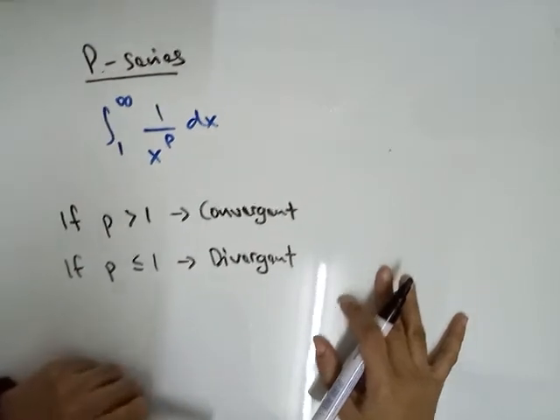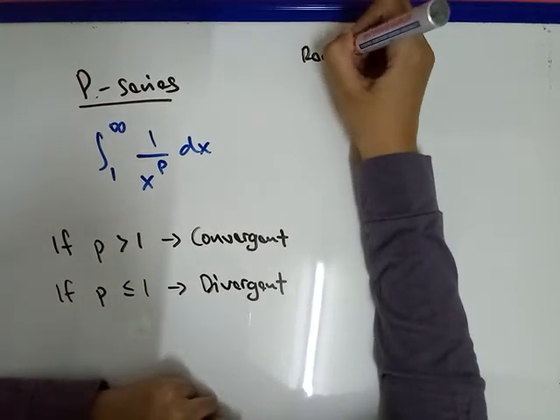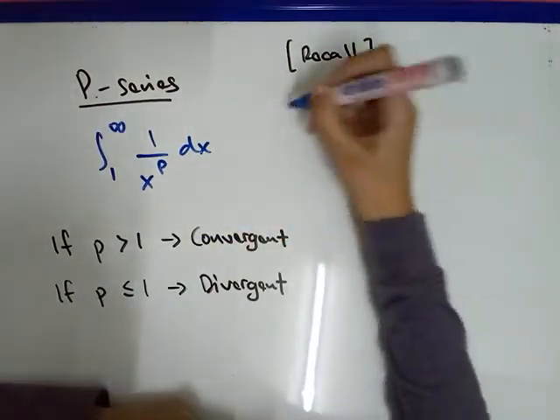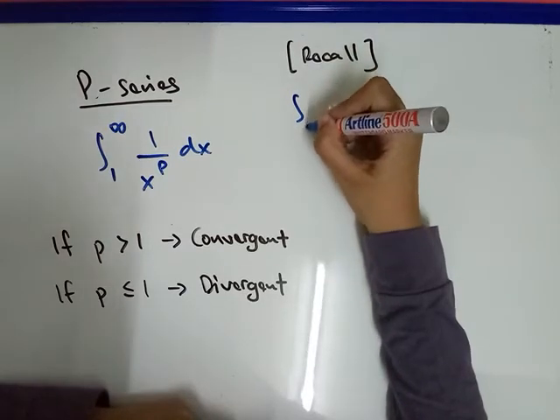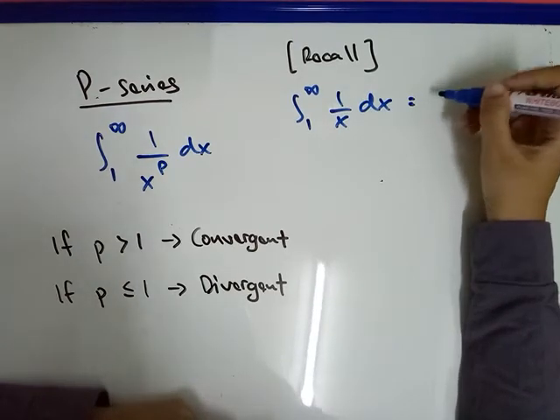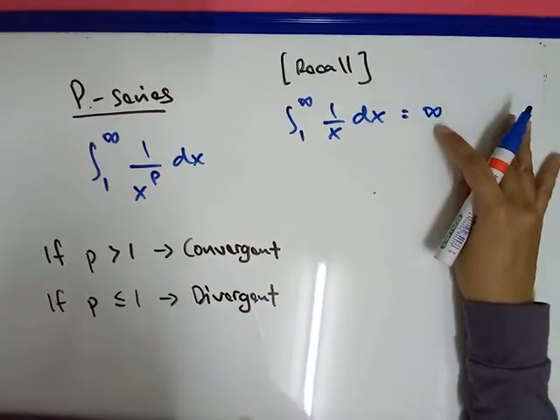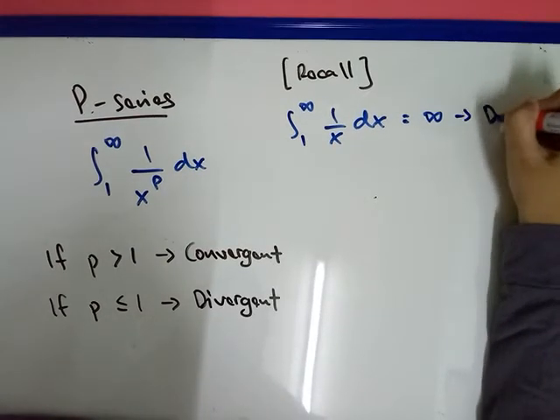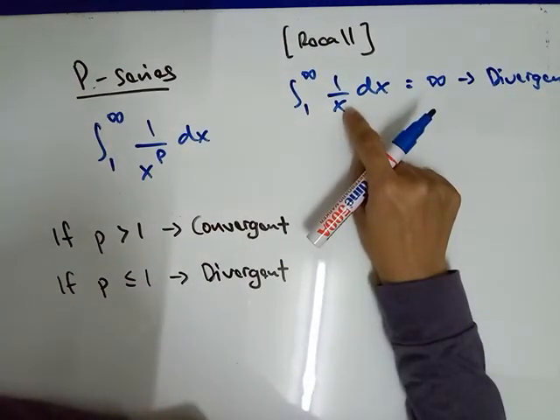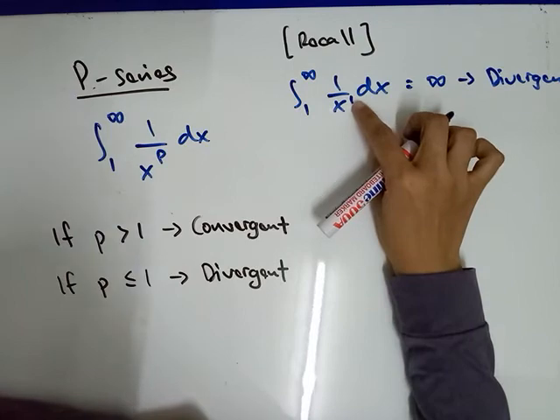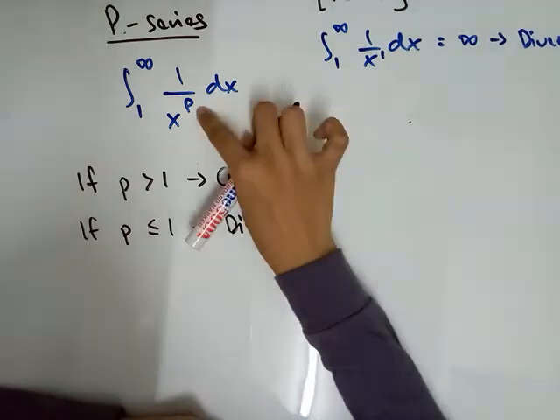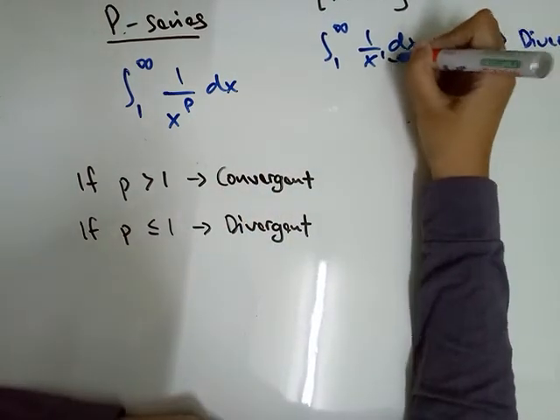Okay, let's recall what I explained earlier. The integral from 1 to infinity of 1 over x dx, we get infinity, right? So we can see that this is divergent. We can check 1 over x: x is to the power 1, so P is 1.